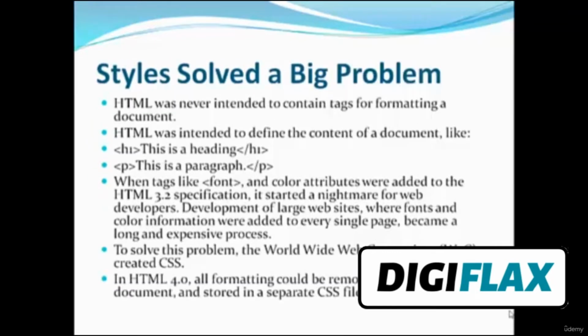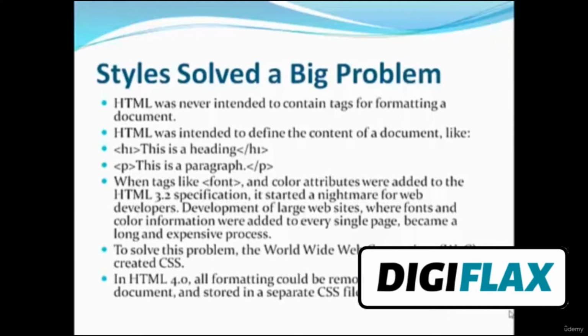HTML was never intended to contain tags for formatting a document. HTML was intended to define the content of a document, like the h1 tag and various other types of tags. When tags like font and color attributes were added to the HTML 3.2 specification, it started a nightmare for web developers.